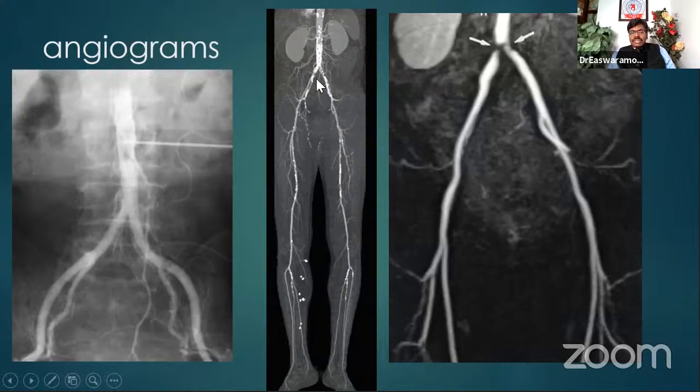So you can see the vessels, and it comes to the femoral artery in the thigh, divides into the deep femoral artery of the thigh and the superficial femoral, which is the artery of the leg. The superficial femoral continues through the adductor canal, and as soon as it crosses the popliteal fossa, it goes for a trifurcation, I would say. So what are the trifurcations? It goes into the anterior tibial first, then posterior tibial, and then the central one.